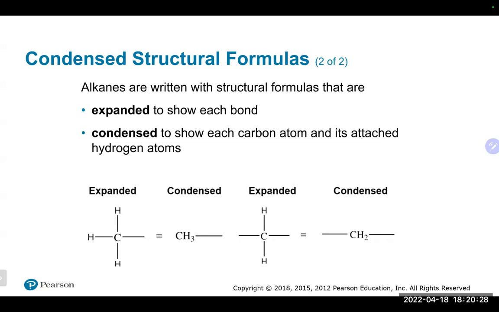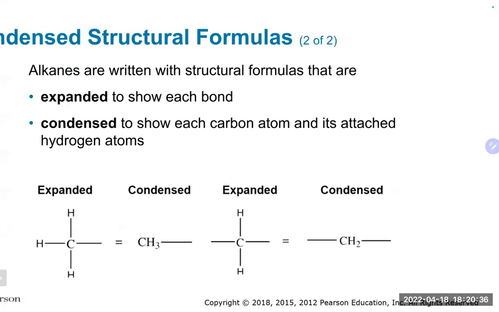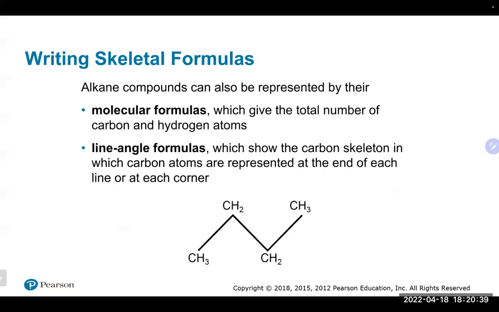So here are the differences as we talked about: expanded, draw out the hydrogens; condensed, not really draw out the hydrogens. And then our expanded and condensed formulas there. Molecular formula, and your book may call it just line structure, line angle formula. In typical line structure, we don't write these in.